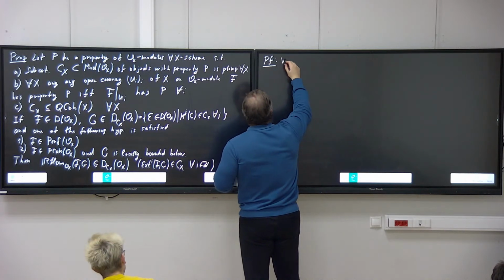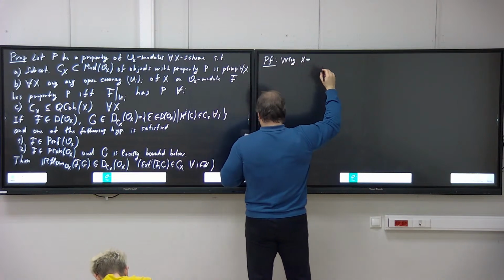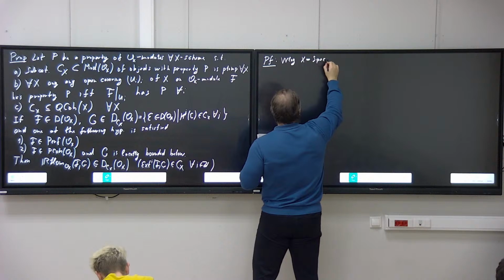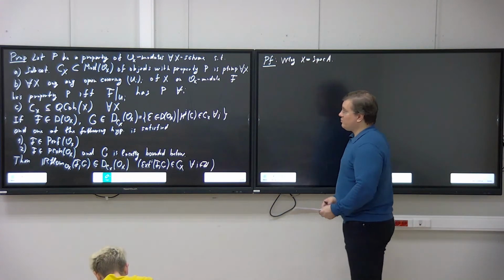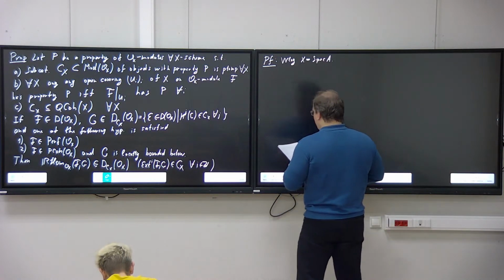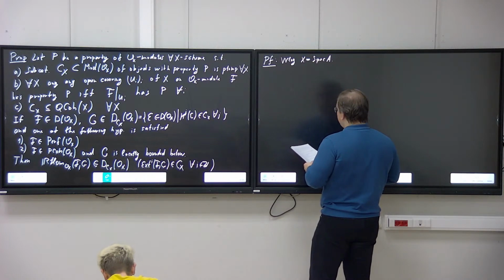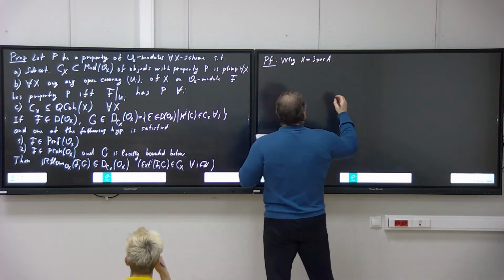So first of all, without loss of generality, I can take X to be an affine scheme Spec A, right? Since P is a local property, I can go to an open affine covering and work with just one of the opens. So let me fix some notation.